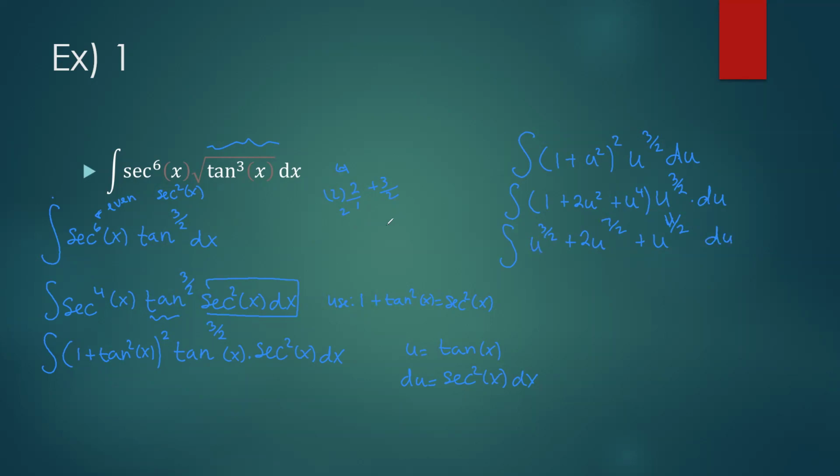Remember, it's the power plus 1. So what's 3/2 plus 1? 1 can be expressed as 2 over 2, so that would be 5/2. So u to the 3/2 integrates to u to the 5/2 divided by the power 5/2, which simplifies to 2/5 u to the 5/2.